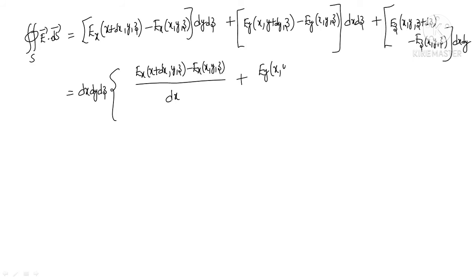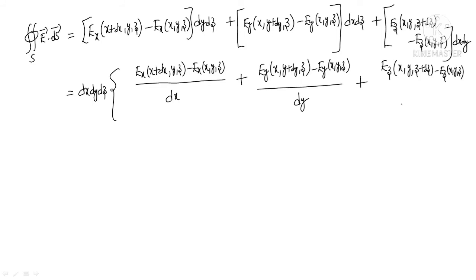Ey evaluated at x, y plus dy, z minus Ey evaluated at x, y, z, total divided with dy, plus Ez evaluated at x, y, z plus dz minus Ez evaluated at x, y, z, total divided with dz. If you take this as common, you get this as the summation of terms, and this is the surface integral of E dot dS bar.